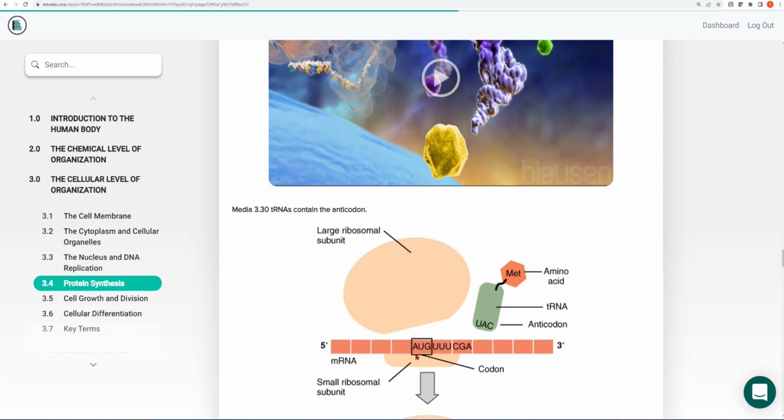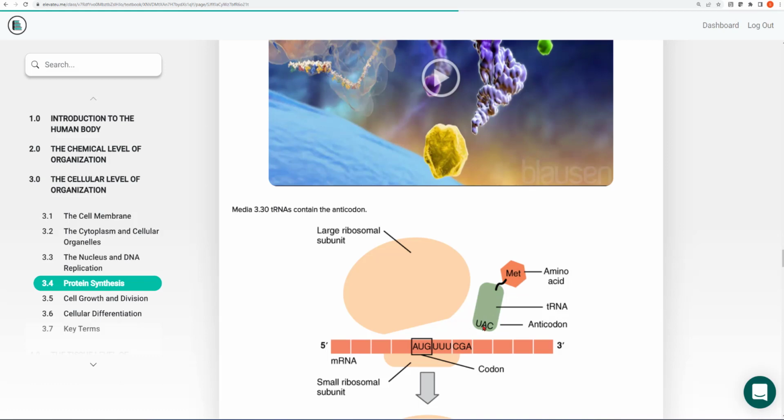So these three letters, AUG, on the RNA are the codon. The tRNA, and there's a bunch of these different tRNAs, is going to have the anticodon, and the anticodon that has this UAC on it always carries this amino acid, Met, to the ribosome.